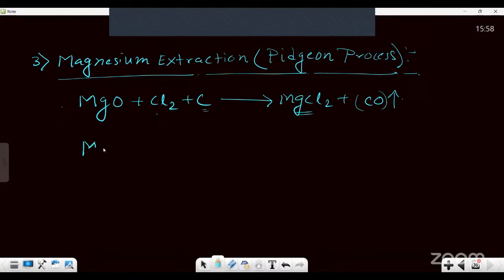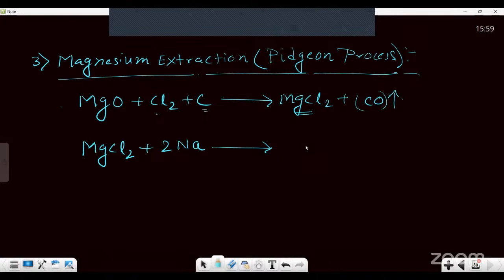Now, in the next step, the MgCl2 will be treated with sodium. It is basically the same mechanism as what we did for titanium. Titanium oxide we treated with chlorine and carbon, so it was reduced to titanium chloride, plus CO gas was produced.